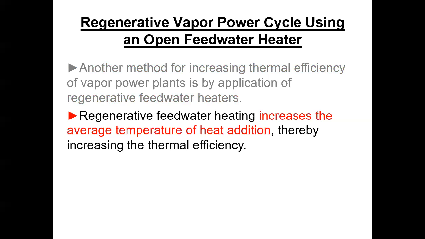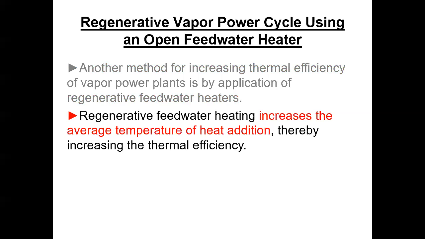Because let's say the water was going in before at 250 degrees. Now we put a bunch of feed water heaters in and we boost it to 600 degrees. Well, if I start at 600 and go to 1,000, what's my average temperature? You could do a time-weighted average, but say it's 800. If I start at, let's say, 200 and go to 1,000, my average temperature is 400.